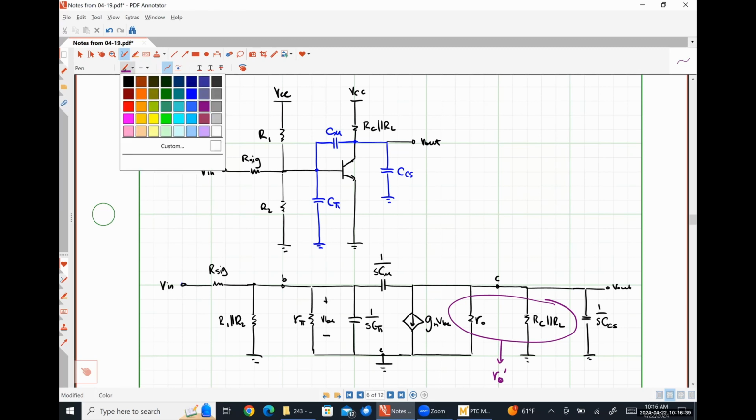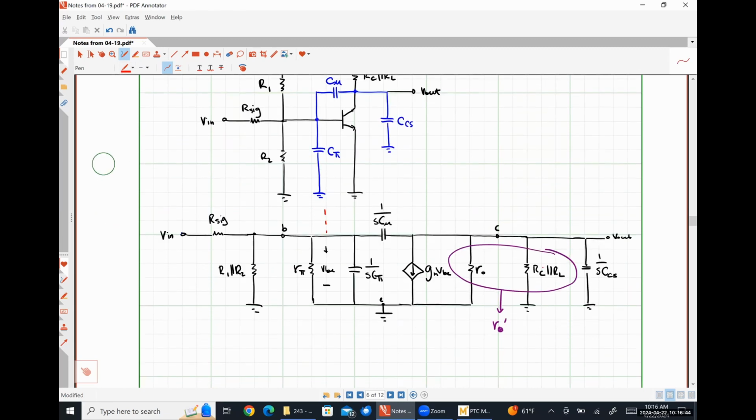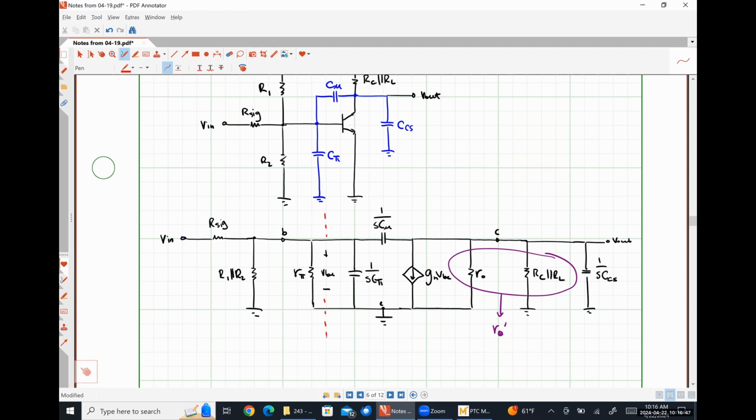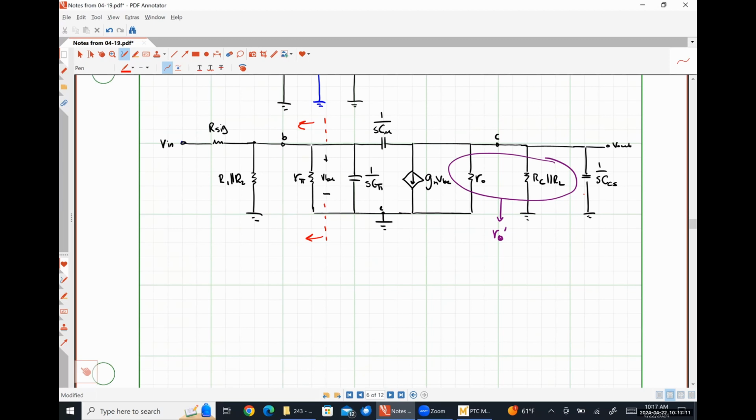Now, another thing that I am going to do is find the Thevenin equivalent circuit of everything to the left of this dashed red line, so that I can replace that entire network with just a voltage source in series with a resistor, because it's going to make it easier to deal with. So let's sort that bit out really quickly, okay?